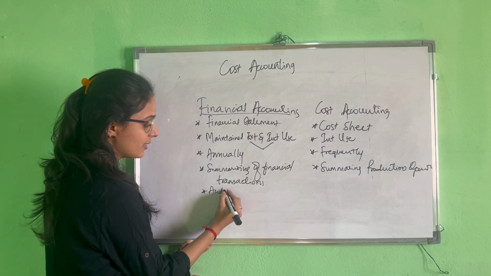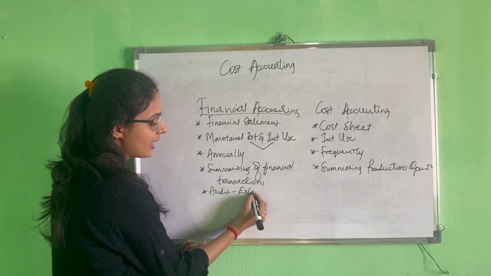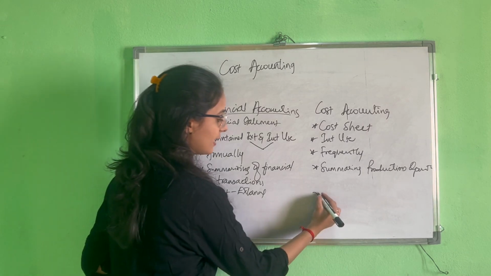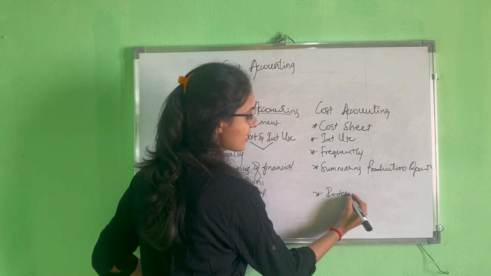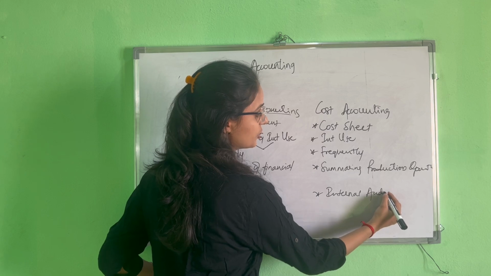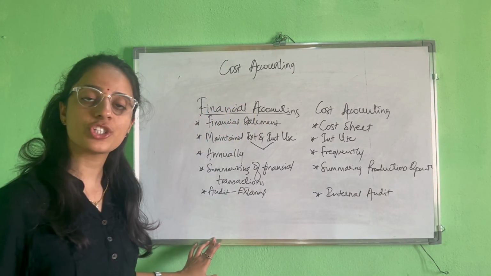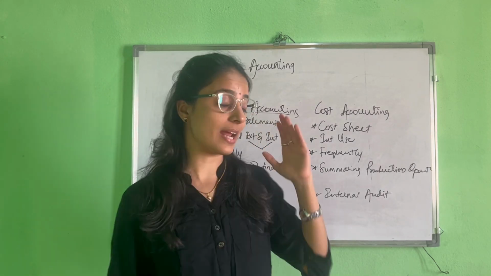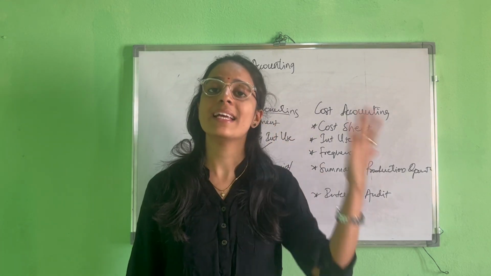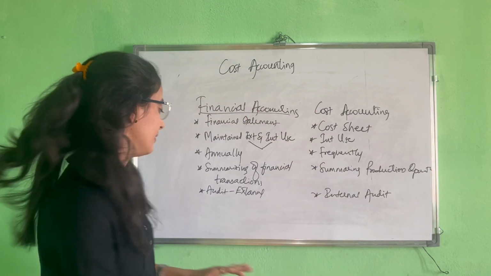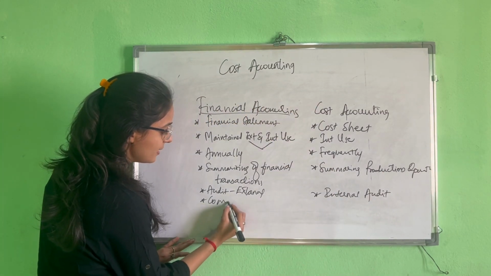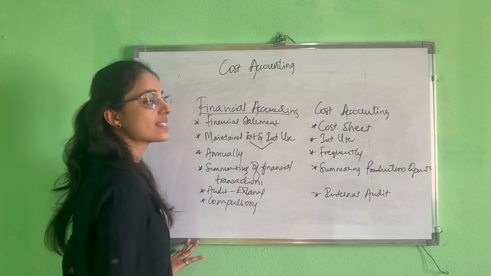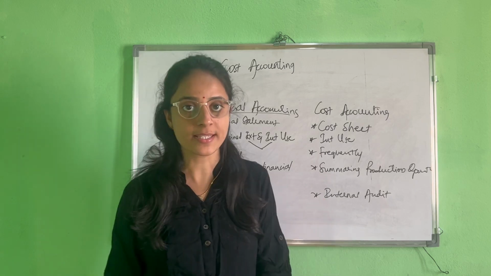Again, financial accounting audit is done by external auditors, whereas in cost accounting it is an internal audit, which means checking and verification is done internally. Financial accounting is an external audit, and it is compulsory to maintain financial statements according to the laws governing the business.